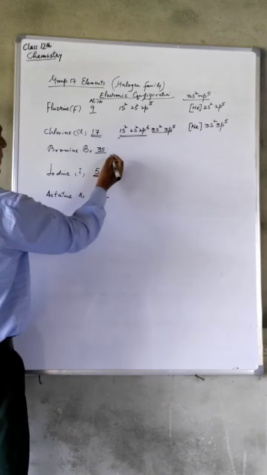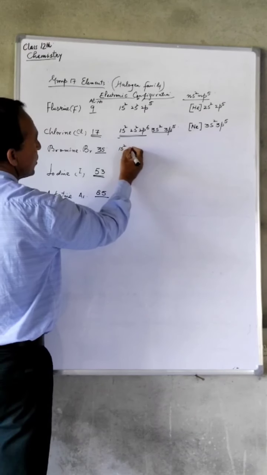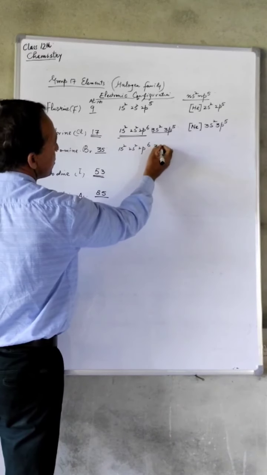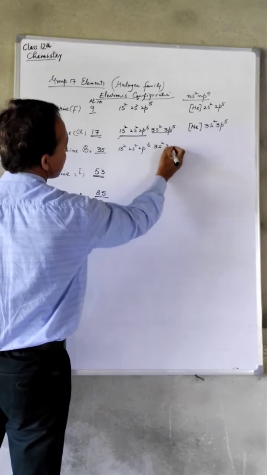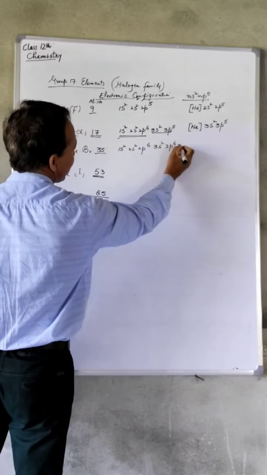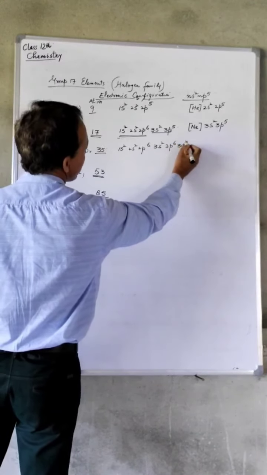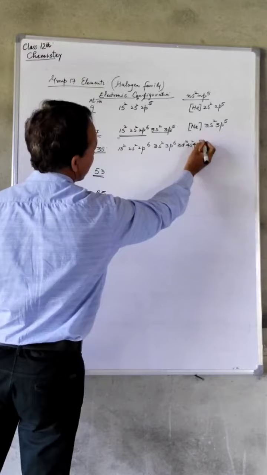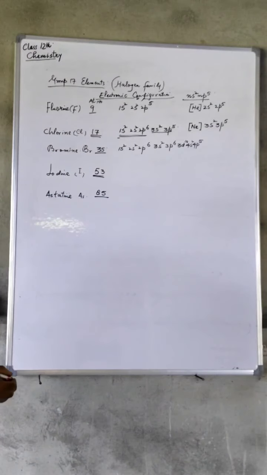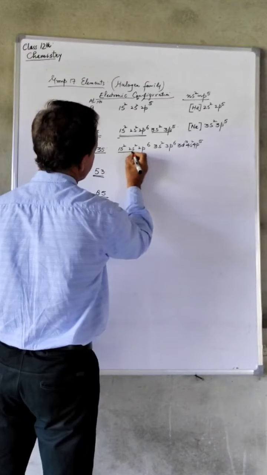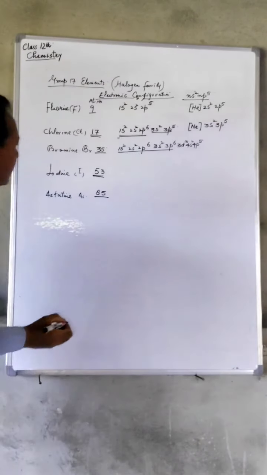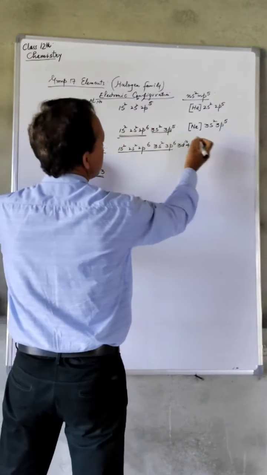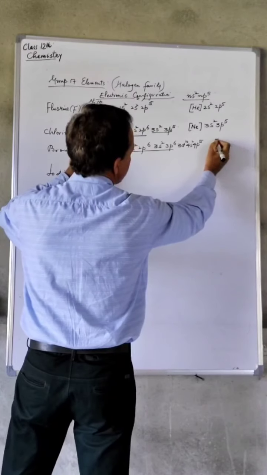In the case of bromine, we write 1s2, 2s2, 2p6, 3s2, 3p6, 3d10, 4s2, 4p5. Again, for bromine, the noble gas before it is argon, whose atomic number is 18.